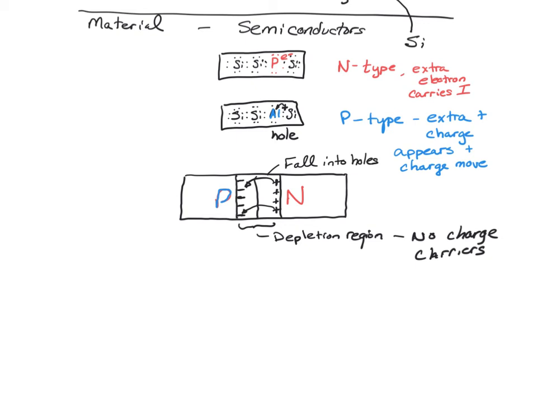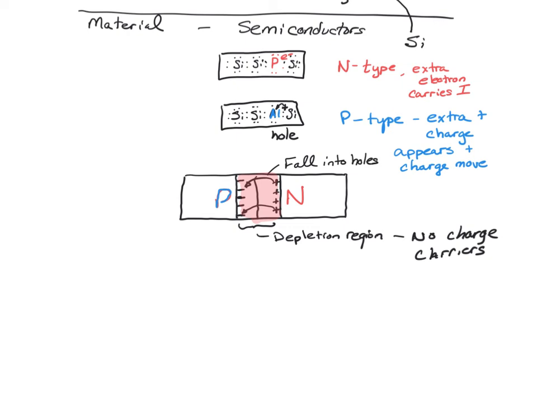So the current can't go through the depletion region. We literally have a no-go zone. So if I shade it a little bit, this whole region in here is no-go. It doesn't have any charge carriers. So the N-type acts like a conductor, maybe not a great one, but it's a conductor, and the P-type acts like a conductor, but the depletion region, because they've been put together, does not transmit current.